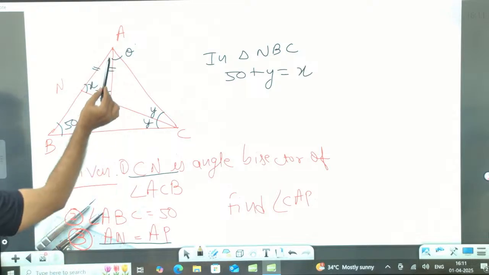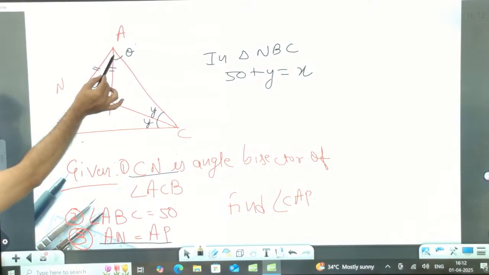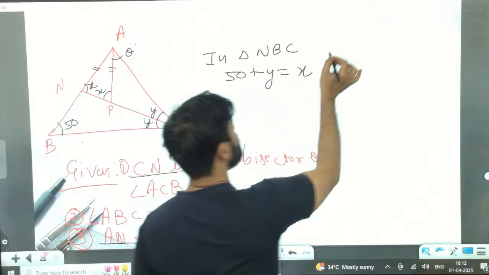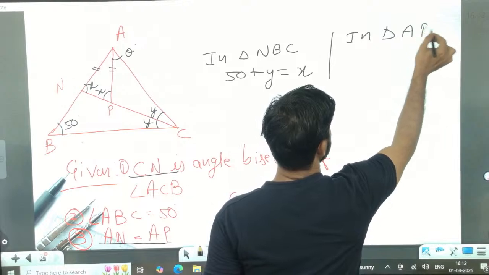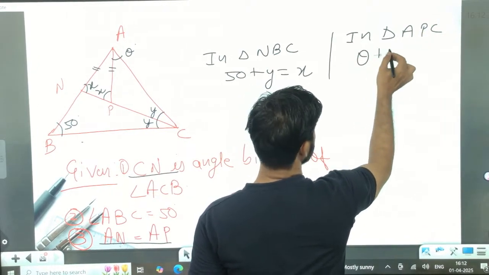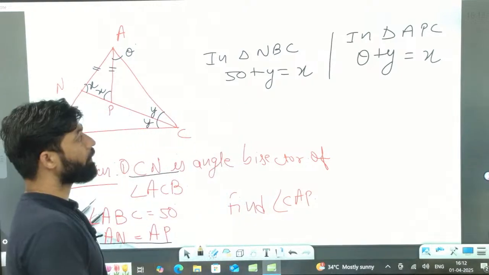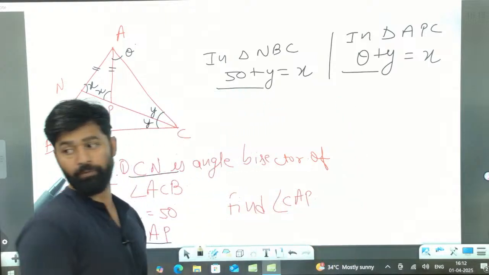Look at this triangle APC, where theta plus y equals x. Right, in triangle APC, theta plus y equals x. And as we know, these two values, 50 plus y and theta plus y, are the value of x.